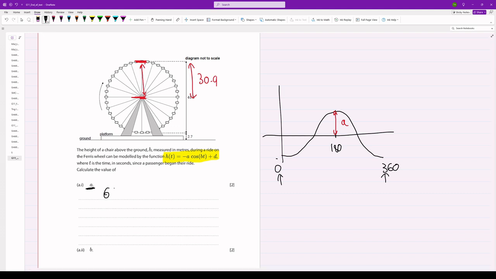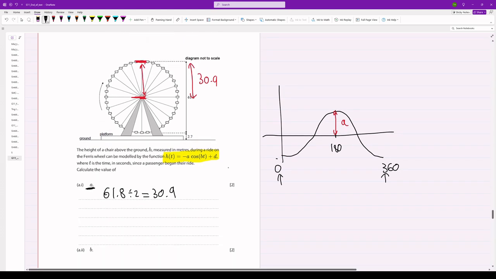So 61.8 divided by 2 gives me 30.9, because that is going to be the distance from the middle bit to the top. I could almost draw my cosine graph over the top, where this is going to be the middle and that's going to be my distance A.